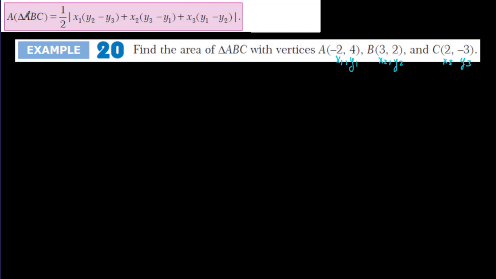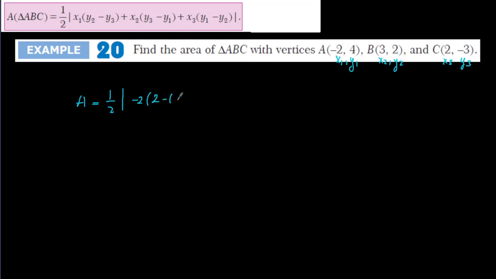I'm not going to write the formula again; directly I'm going to find the area. Area is equal to 1 over 2 times, the formula is written here. So x1 times, in parentheses, y2 minus y3: y2 is 2 minus minus 3.